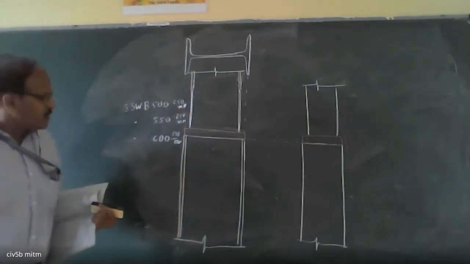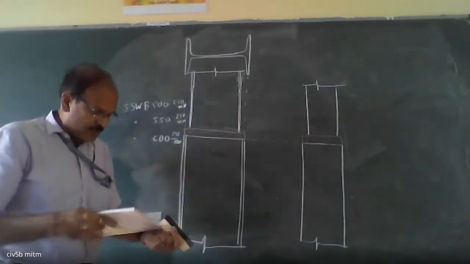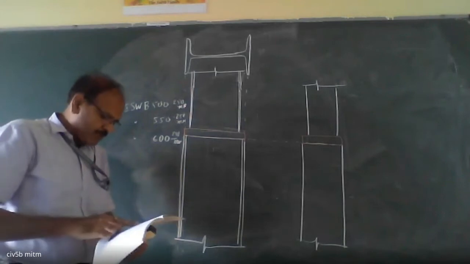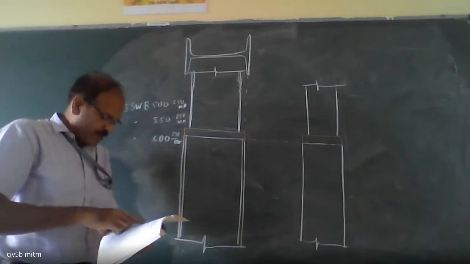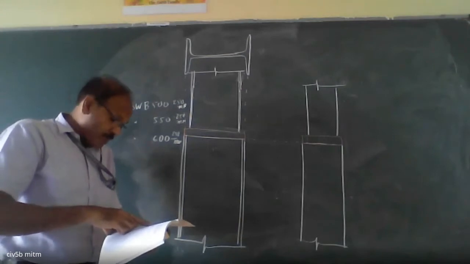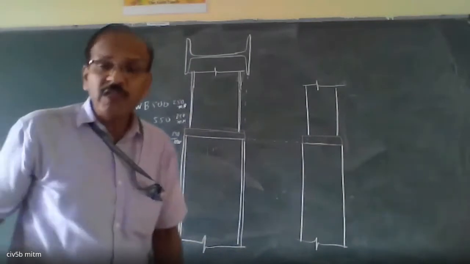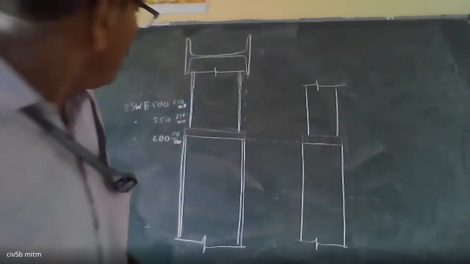Okay. See here, 600, 550, 500. As far as the flange width is concerned, it remains the same even for some other sections, for example, like ISHB 350, ISHB 400, ISHB 450. For all those, width of the flange remains the same. Okay.